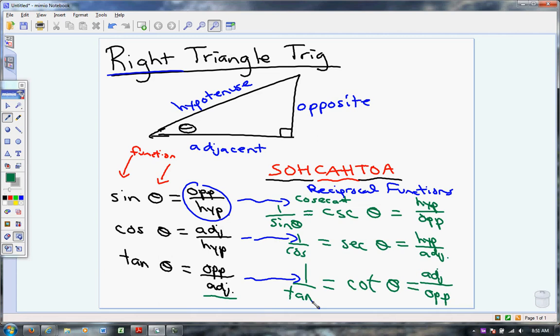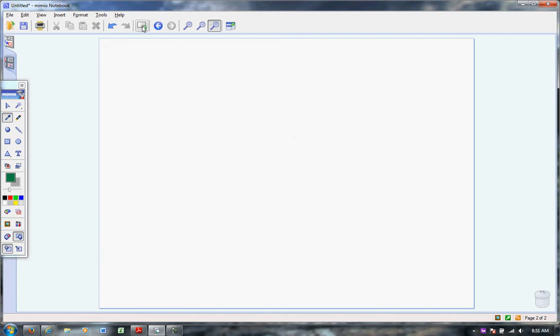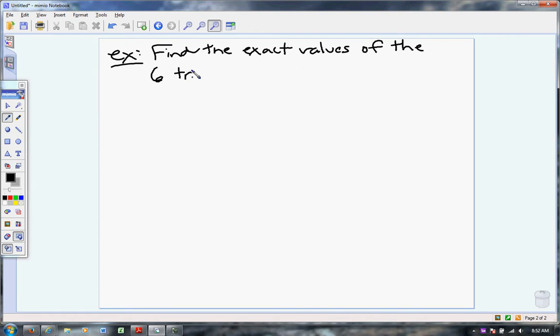These 3, I'm sure you are more familiar with. The other 3 might be a little bit newer. So, tonight you're going to have some problems like this. Find the exact values of the 6 trig functions of theta.